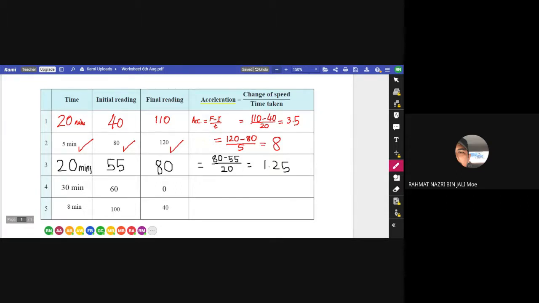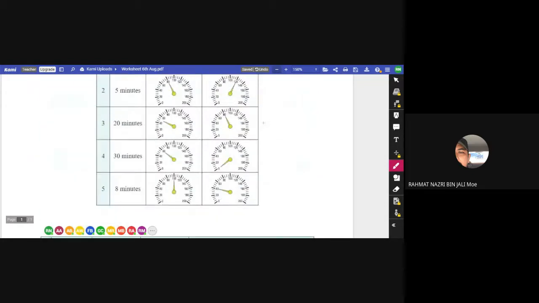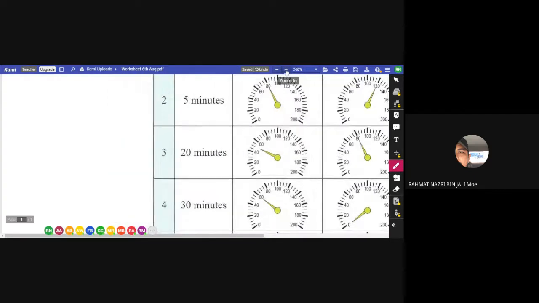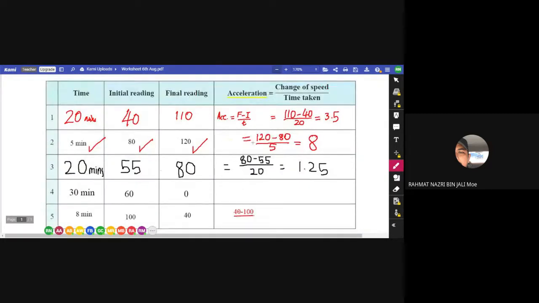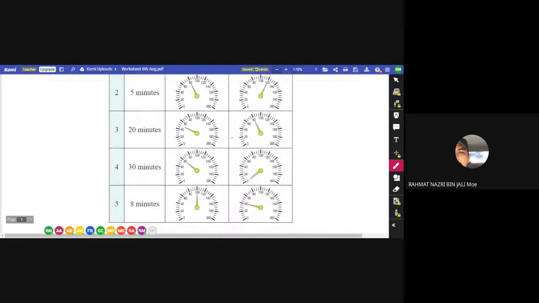Okay, the third one is 20 minutes. In 20 minutes, we have 40 speedo. Speedo shows at the second one. So 50. The speedo shows at 50, not 45 here.